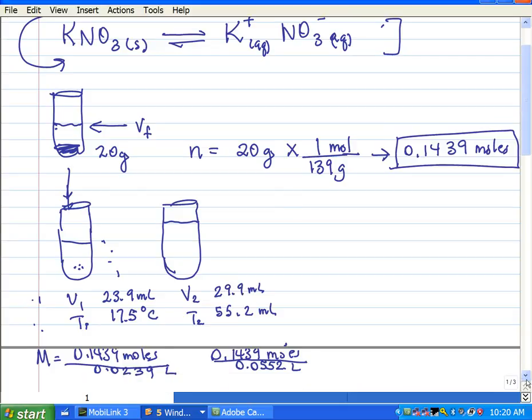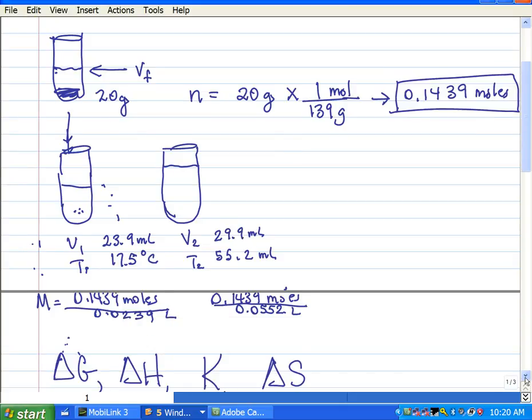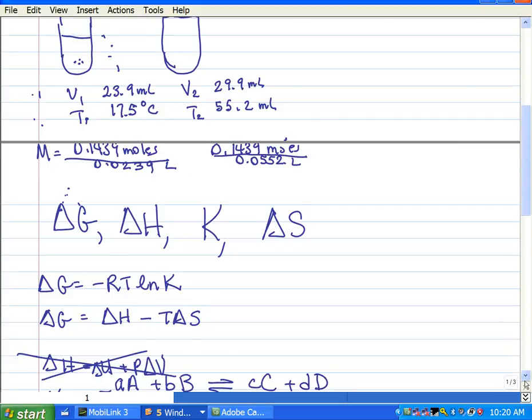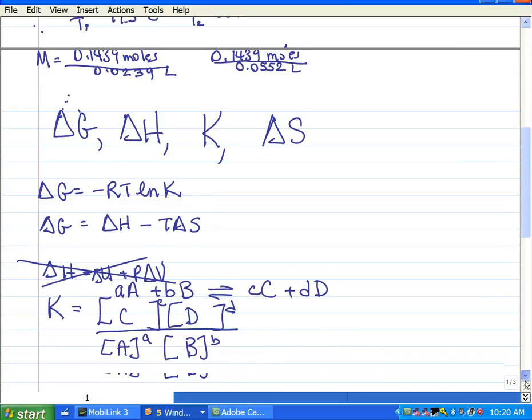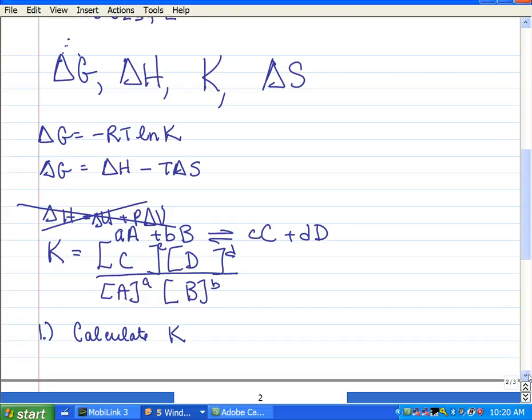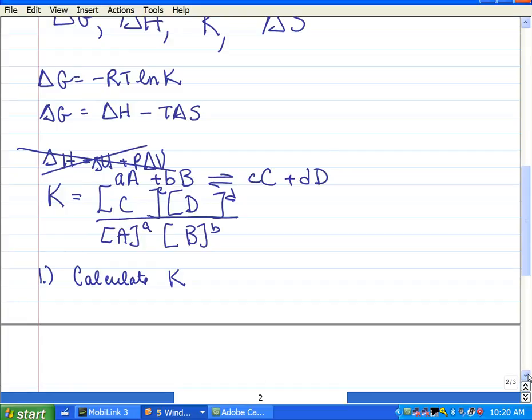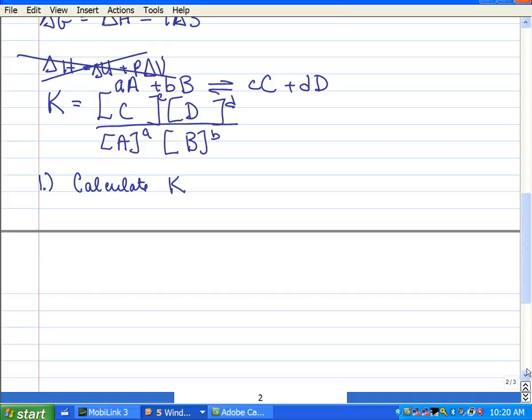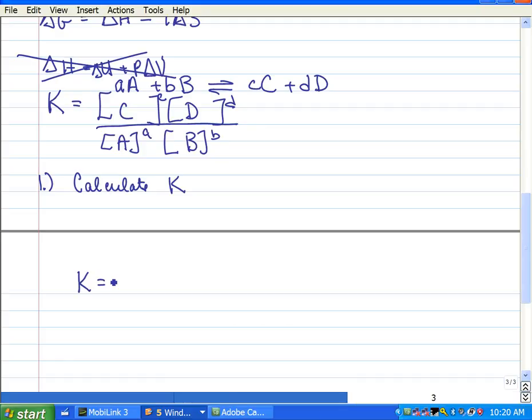Okay. All right. So the first thing we do is calculate K. K then is going to be the concentration for trial one, which is what? Well, remember we said that if the concentration of potassium nitrate is what?